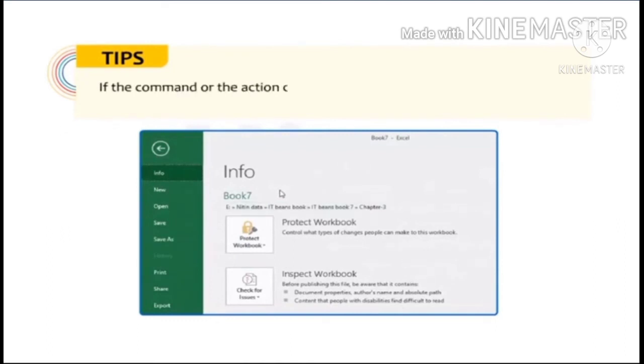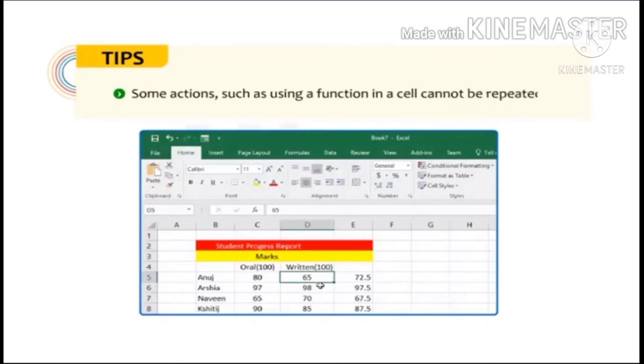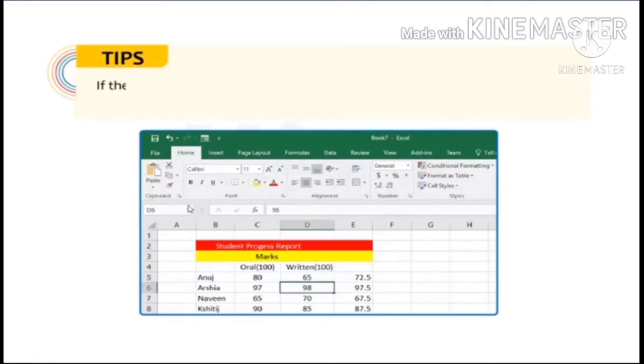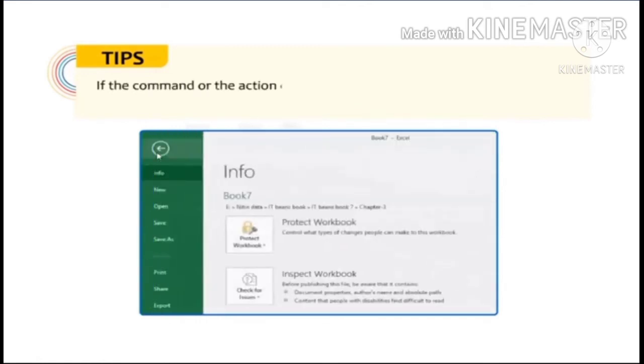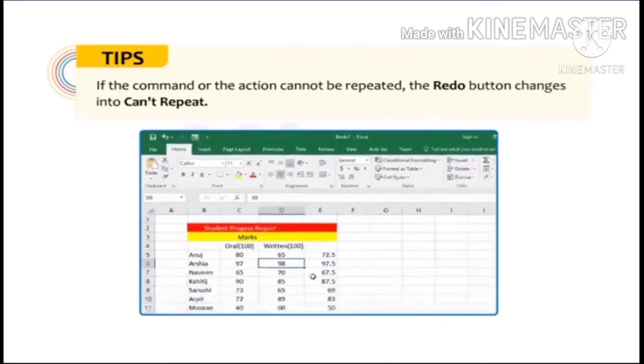If the command or the action cannot be undone, the undo button changes into can't undo, and some actions such as using a function in a cell cannot be repeated. If the commands or the action cannot be repeated, the redo button changes into can't repeat.